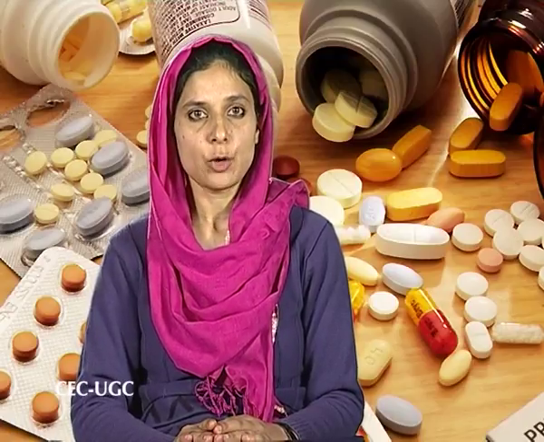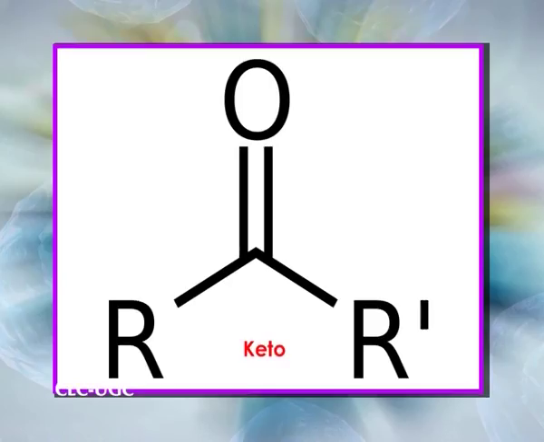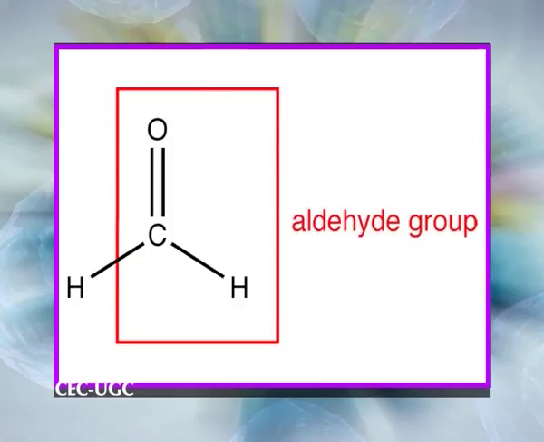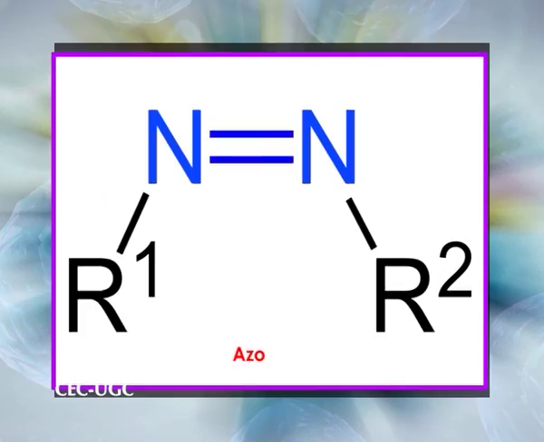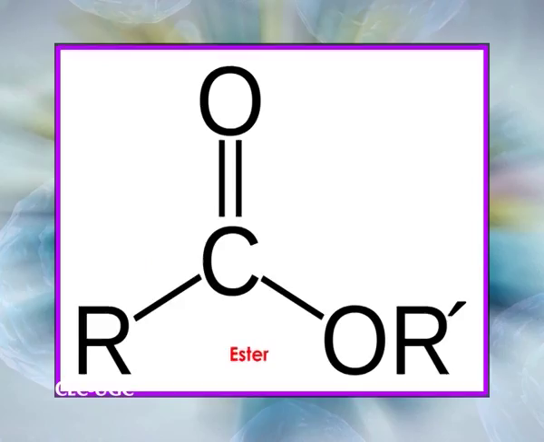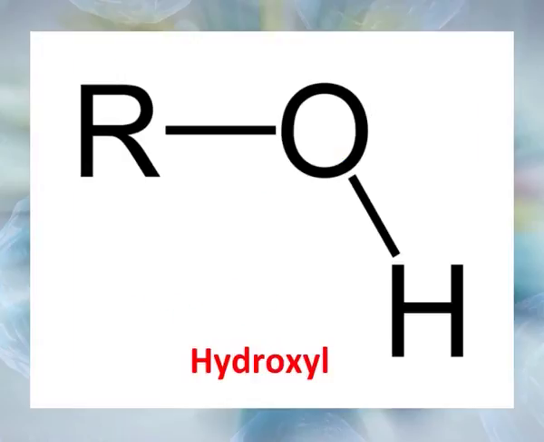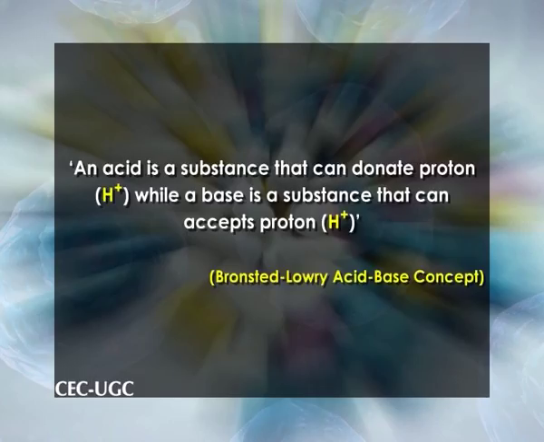Some of the functional groups most commonly found in drug molecules are keto, aldehyde, amide, azo, carboxylic, ether, ester, phenolic, hydroxyl, etc. According to the Bronsted and Lowry acid-base concept, an acid is a substance that can donate a proton, while a base is a substance that can accept a proton.